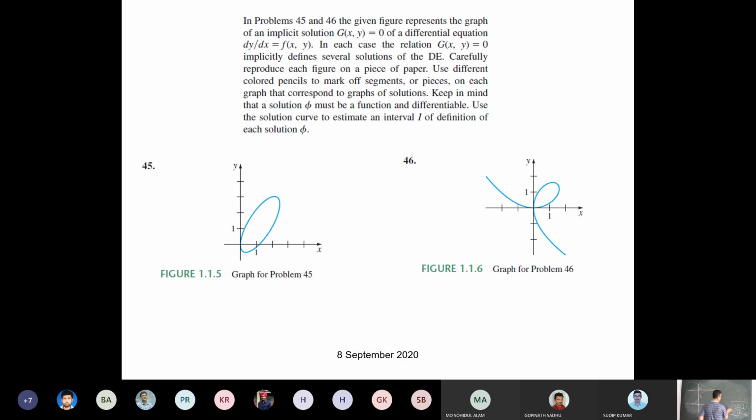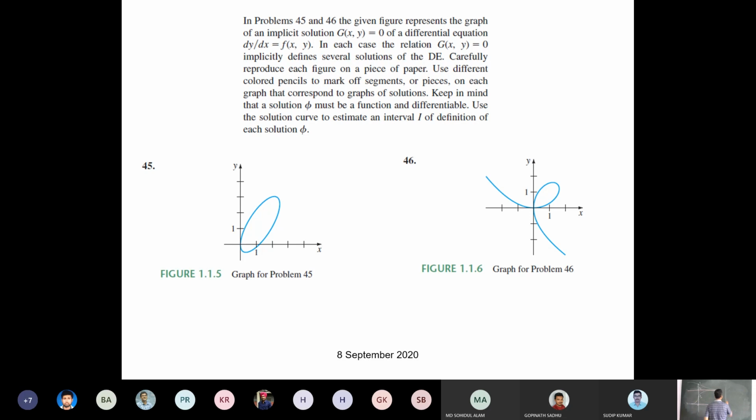Here you can see that there are two curves. Okay. And in both the curves, you will see that somewhere, if you draw a vertical line, it is going to intersect the curve at more than one point. Is it okay?